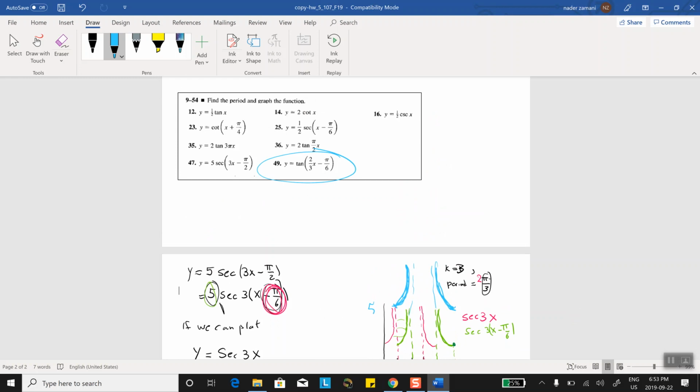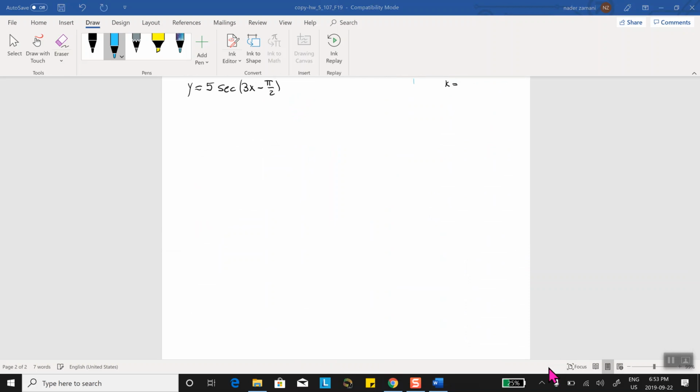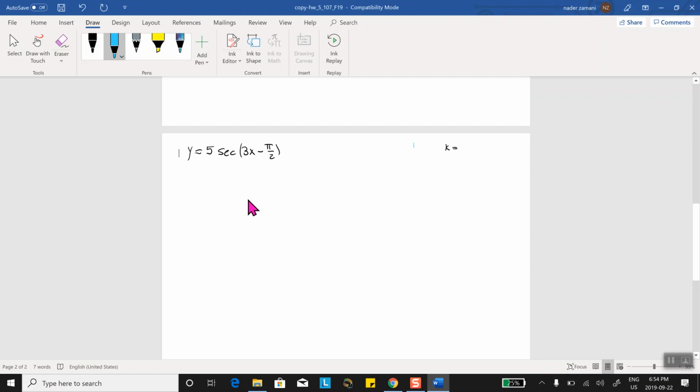It's going to be uglier. Let me get rid of all this stuff. There is no fast way of doing these things. You have to be patient, and you have to rely on what you already learned or what you made to recall.